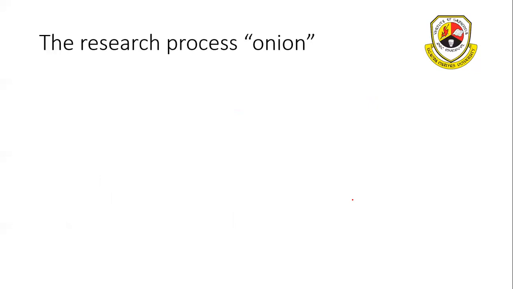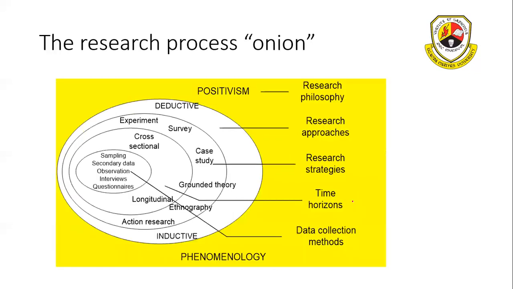Now, on the whole, the research process is engulfed in something we refer to as an onion. This is just to say that there are different layers to research. As we go further into the inner circle, this is when we become practical.